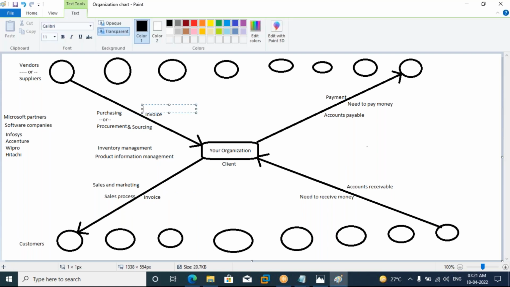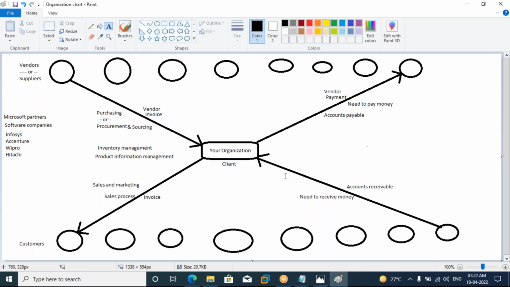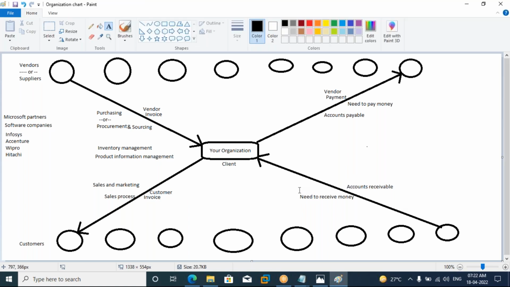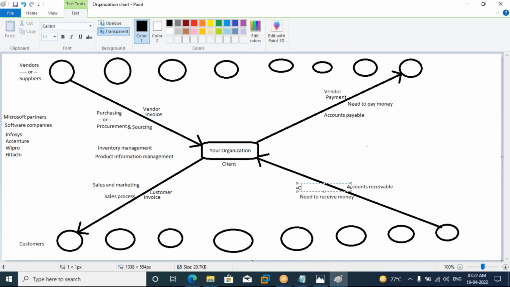So you need to understand vendor invoice, vendor payment, and customer invoice and customer payment. Customer receipt, it is actually called customer receipt, but in the system it is called customer payment.